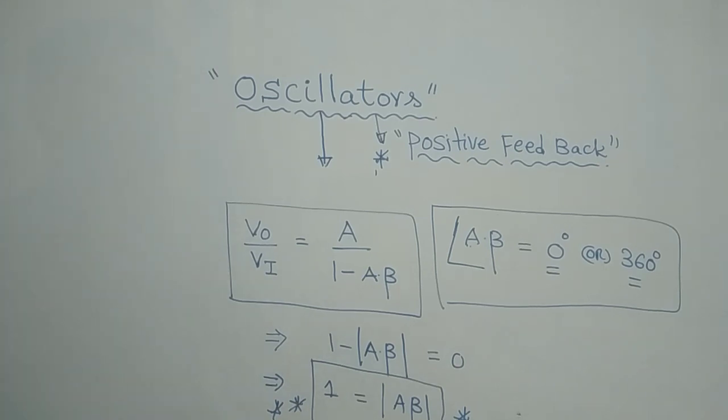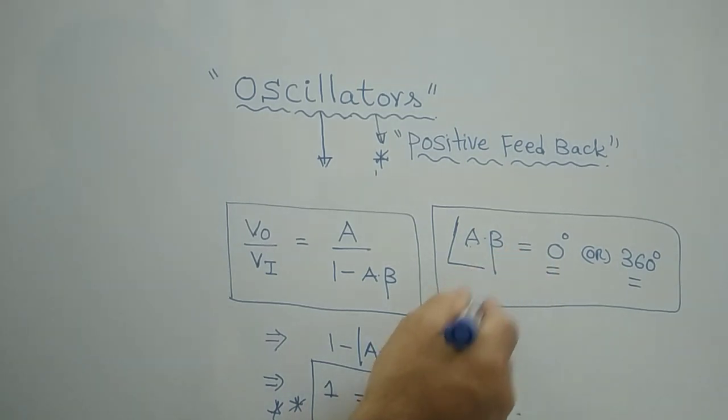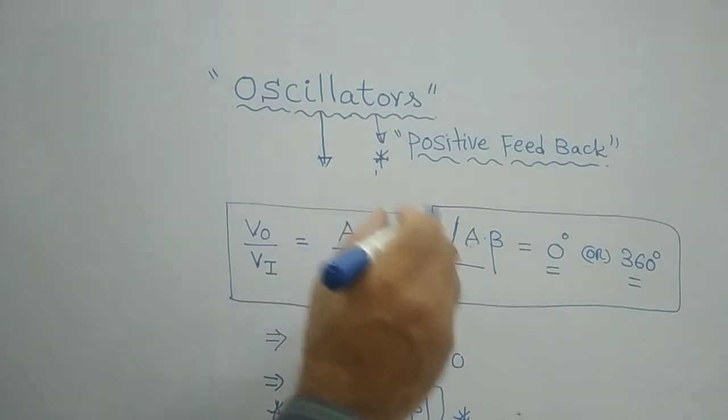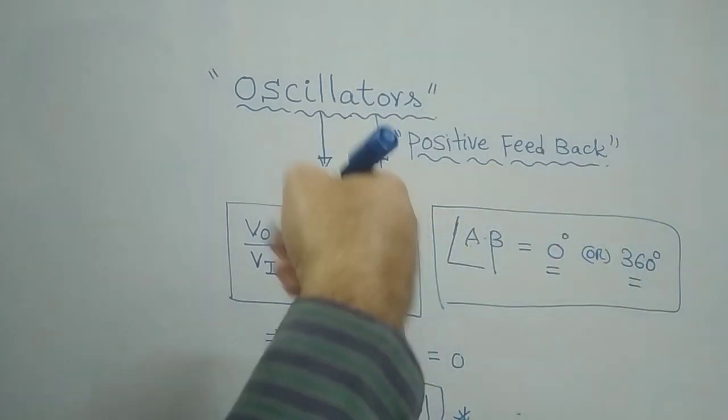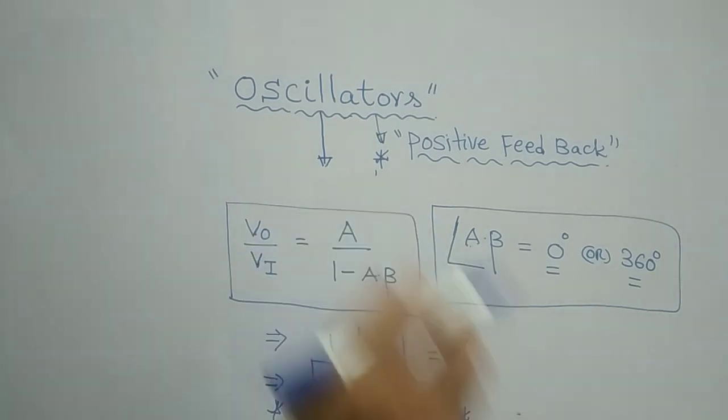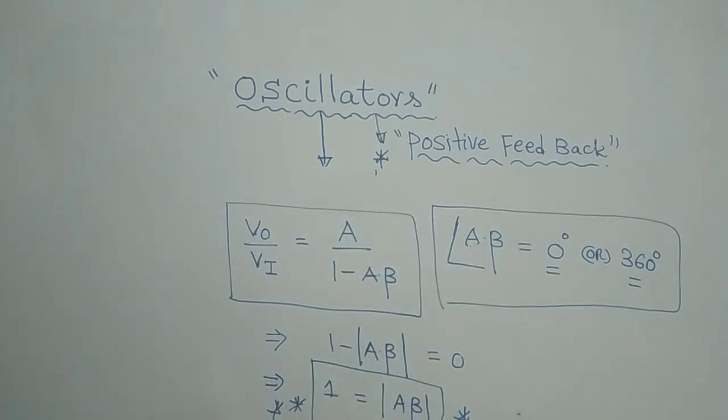That's why normally we will consider the magnitude. So remember these two conditions, these are called the Barkhausen criteria. Once this condition is satisfied, then only the circuit will give the output as oscillations, sinusoidal waveforms, right? So this is the brief information about oscillators.